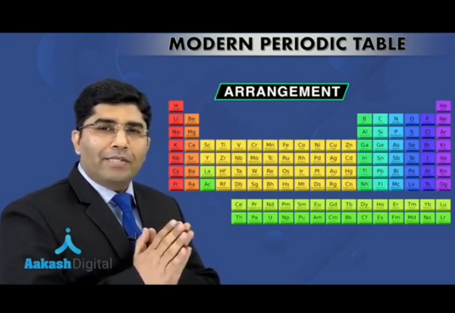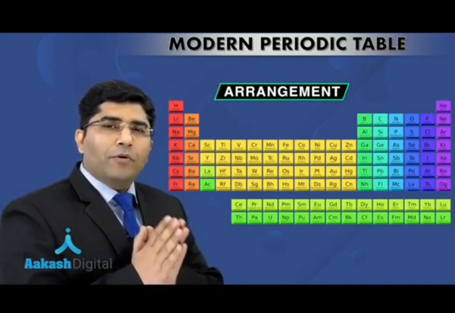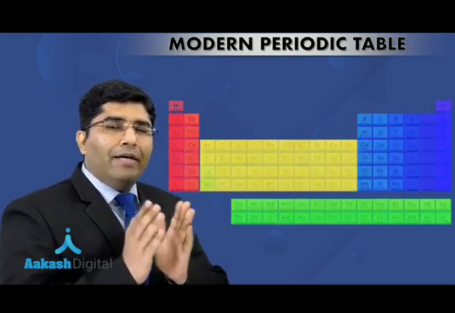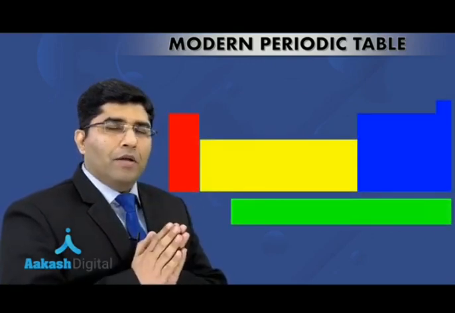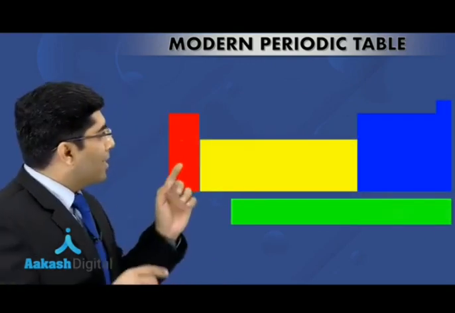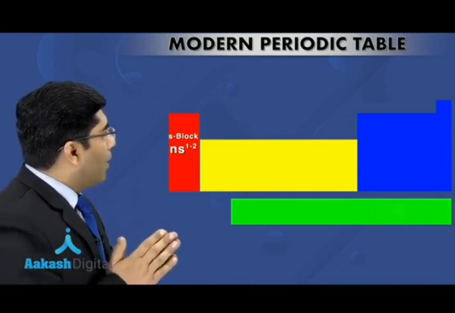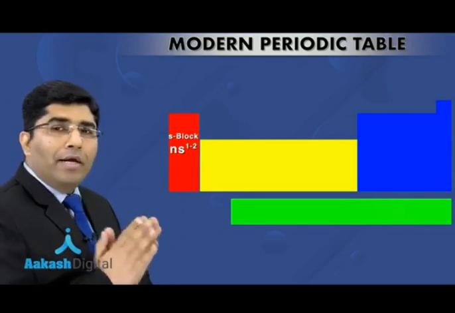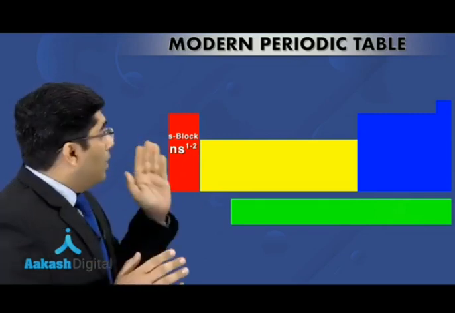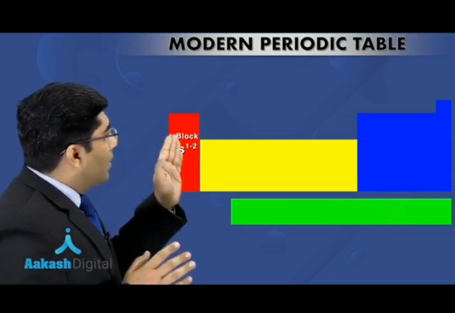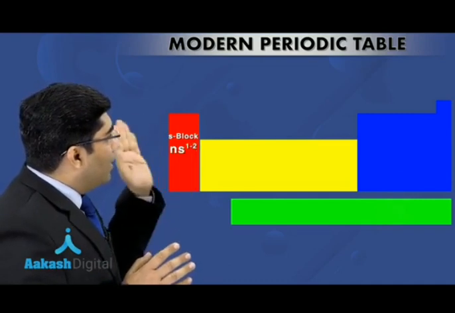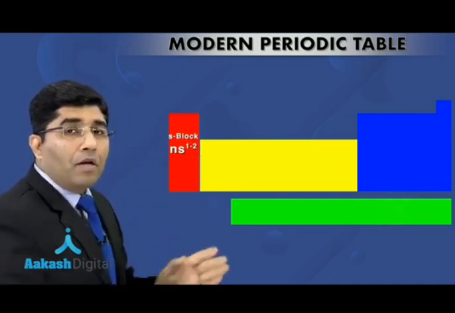So guys, first of all, the modern periodic table is divided into 4 parts. First, this is the s block, and you can see that the electronic configuration of the s block is ns1-2. It means that the electrons will be filled in the s subshell. Now one more thing I want to tell you.